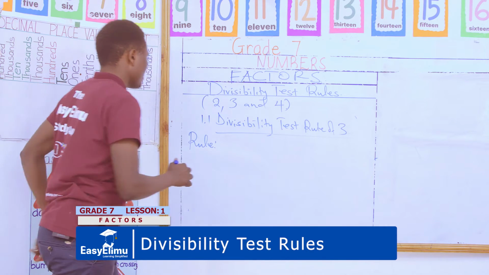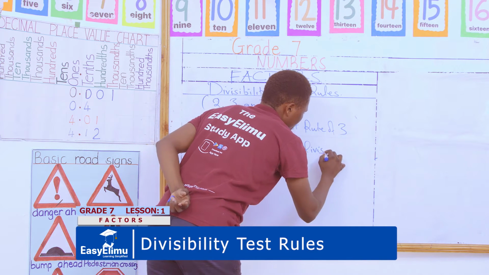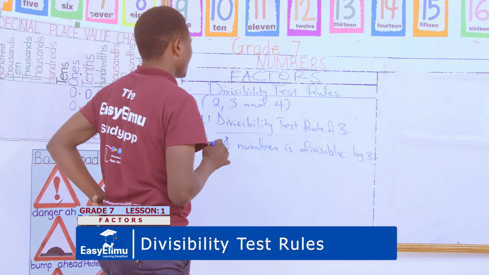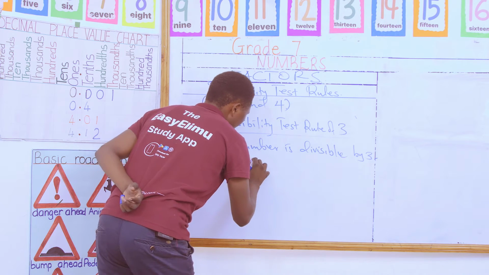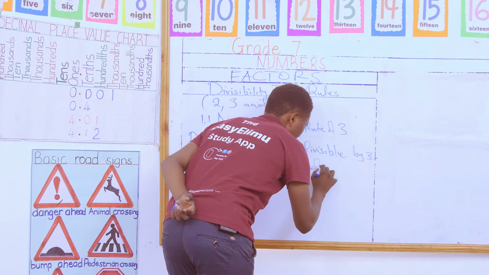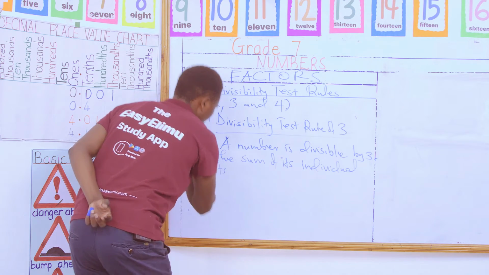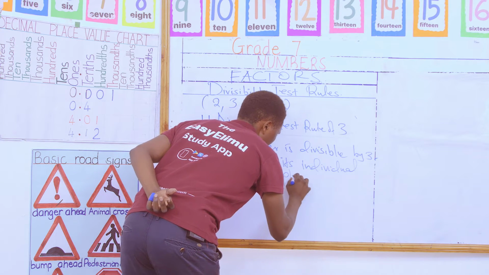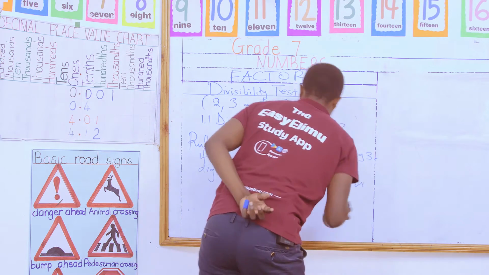So we can say a number is divisible by 3 if the sum of its individual digits is a multiple of 3, or divisible by 3.